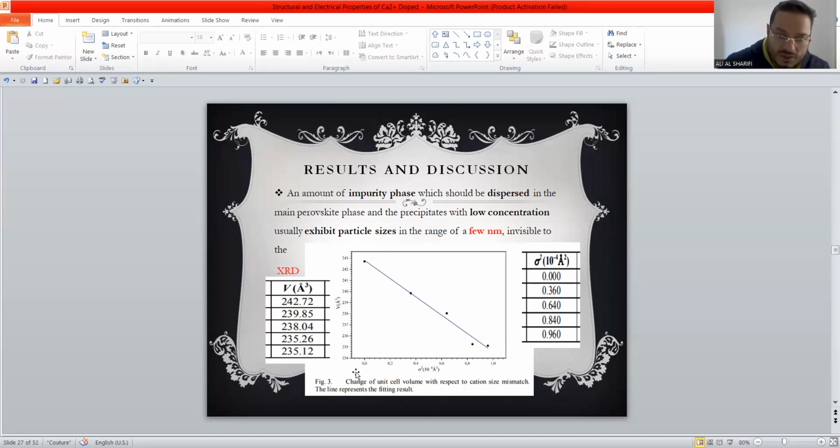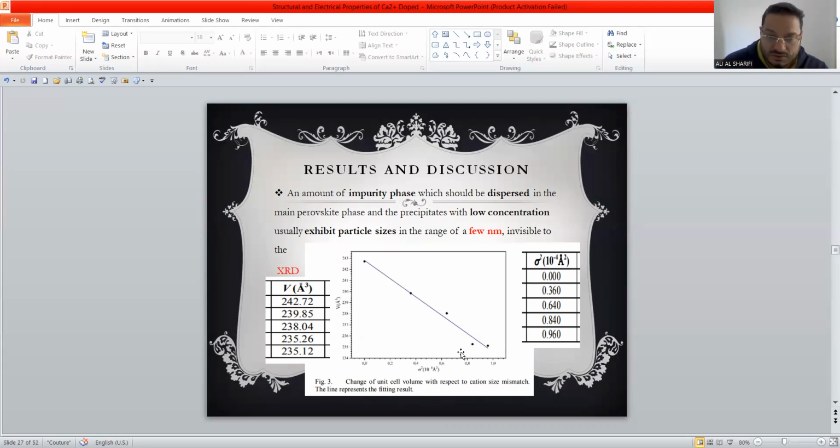Here at 0 mismatch, the volume is approximately 242. After that, at mismatch 0.36, the volume equals 239.